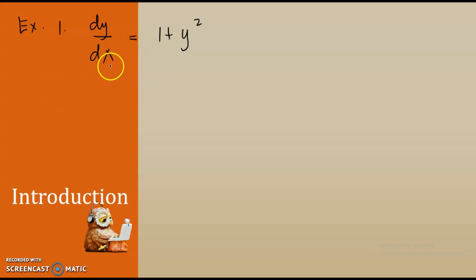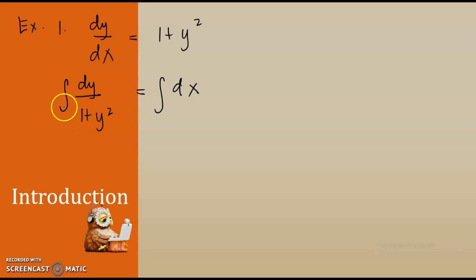Then, you have dy over 1 plus y squared equal to dx. For step number 2, we have to integrate each side of this equation with respect to its respective variables, obtaining the implicit solution.